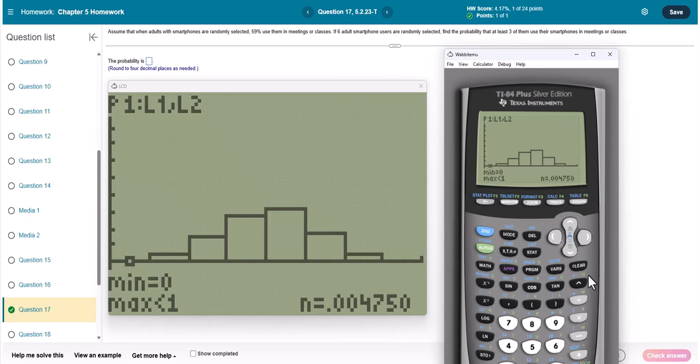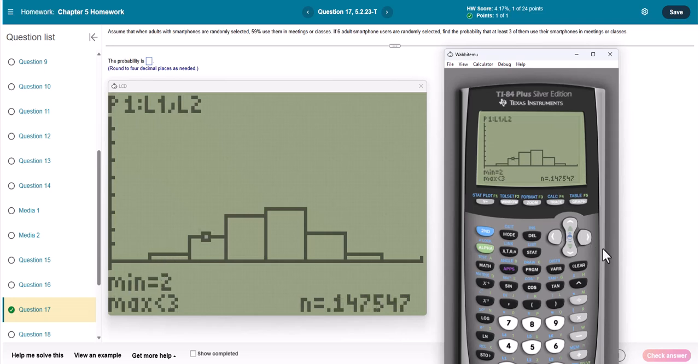The next bar, where the minimum is 1 and the maximum is less than 2, represents the probability that if you randomly select 6 adult smartphone users, one of them will use their smartphone in meetings or classes.